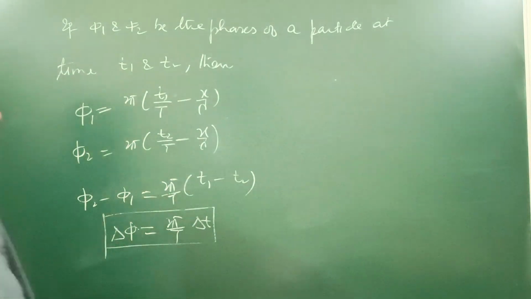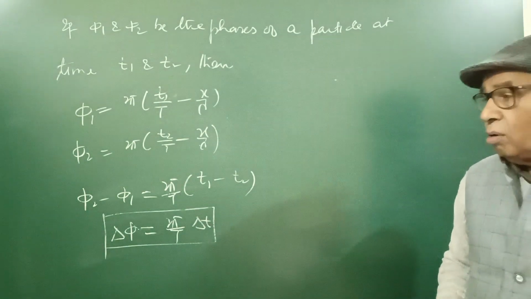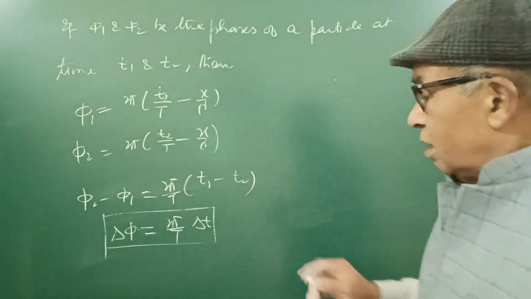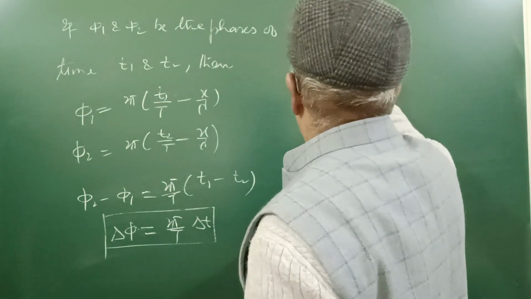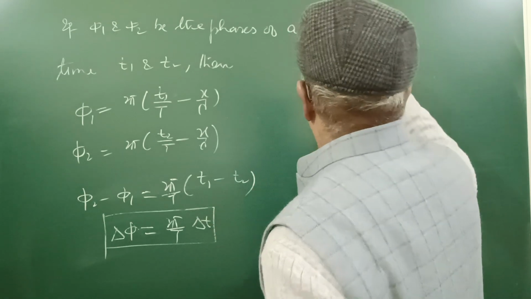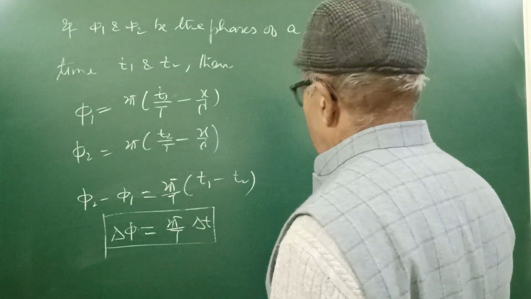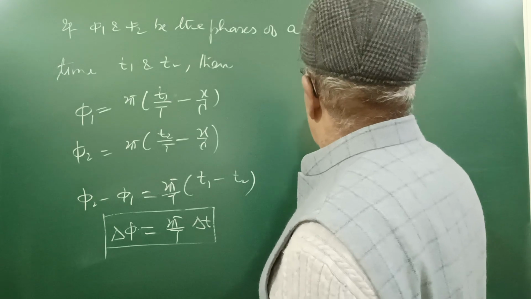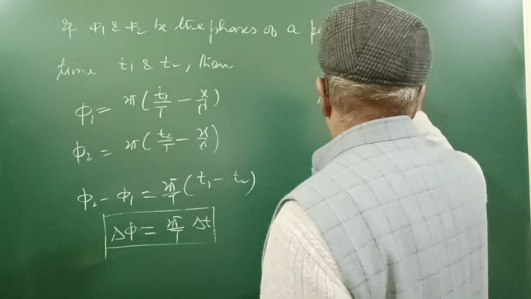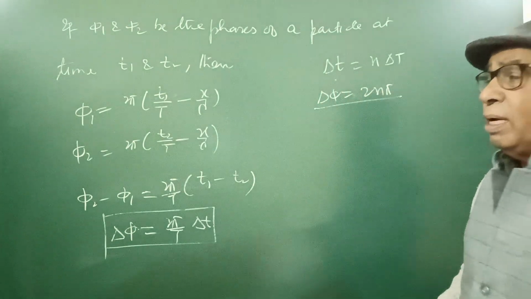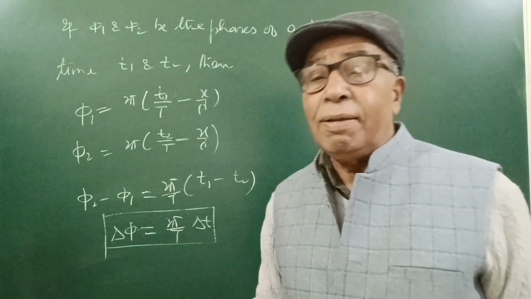So at any place the phase of a particle oscillating, when any wave is traveling through it, keeps on changing with time delta t. If delta t is equal to n times the period, sorry, then delta phi again equals 2n pi, again same phase. That is, the particle after every interval of time which is equal to the period starts oscillating in the same phase.